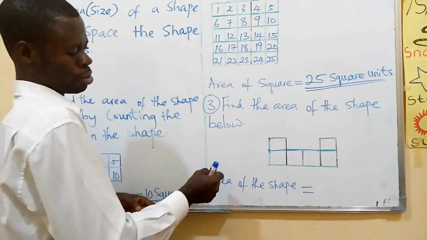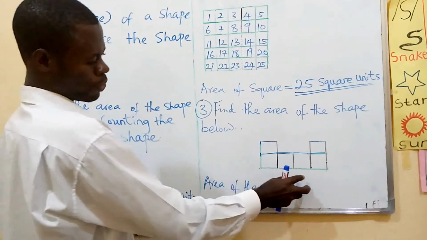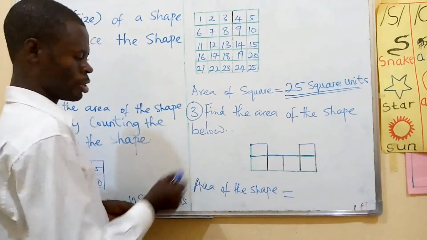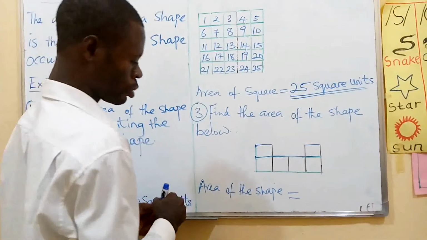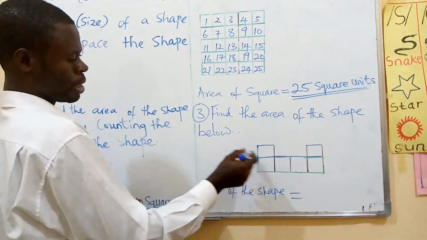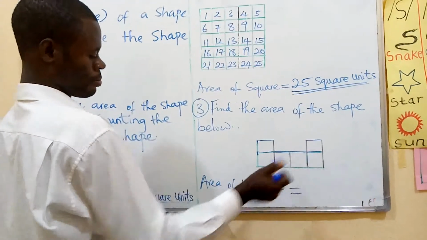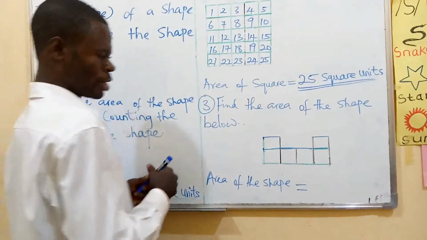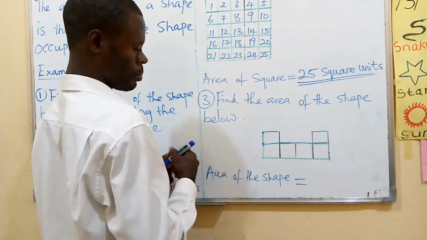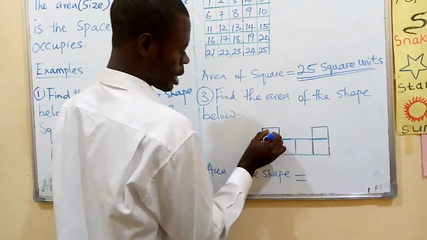Alright? So now, we are going to find the area of this shape by counting the squares there, just like we did in the previous 2 examples. Alright, let's count. You count with me.